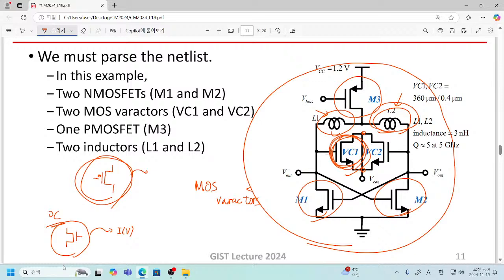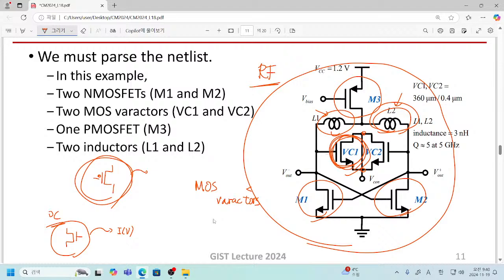If your oscillator oscillates quite slowly, then the DC description is completely okay. However, usually what we want to do is to use this kind of LC oscillator for your RF circuit, radio frequency circuit, operating at several gigahertz or several tens of gigahertz. So in this case, the transient effect cannot be neglected at all.